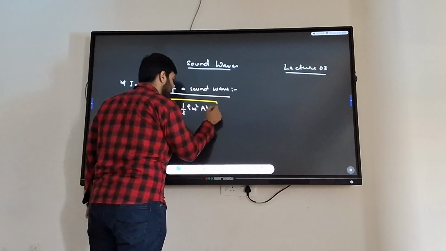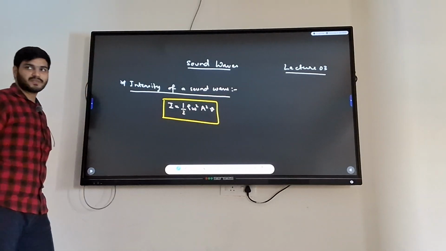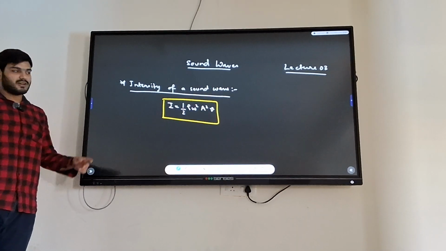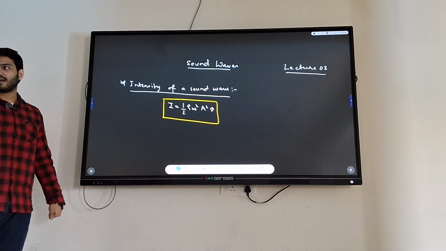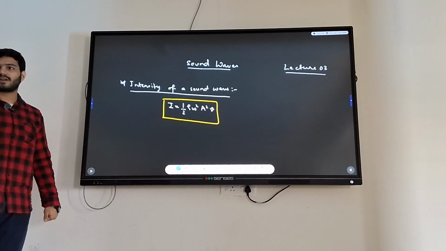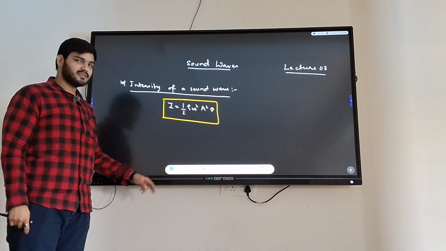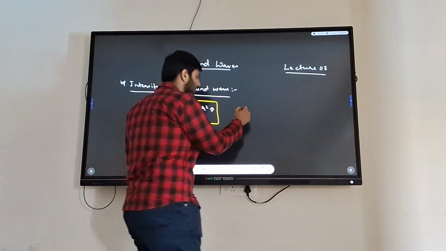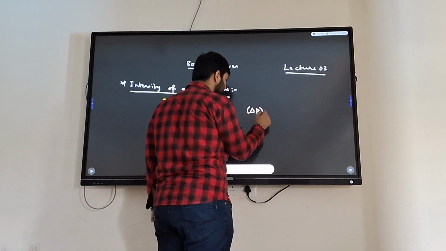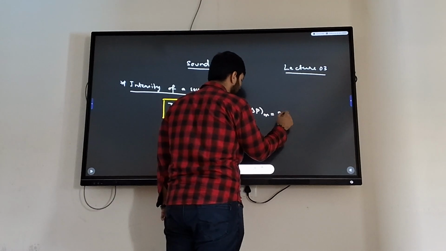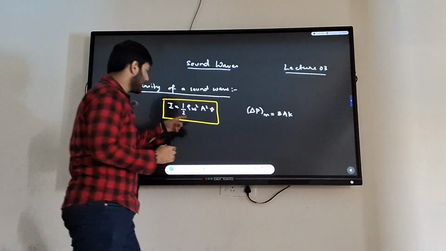And then we can modify this formula in many ways. We can write A in terms of delta P max, because we have the luxury of writing in delta P max as well. What was the formula that relates delta P max and A? Delta P max is equal to BAk. Let's say I want to eliminate omega.